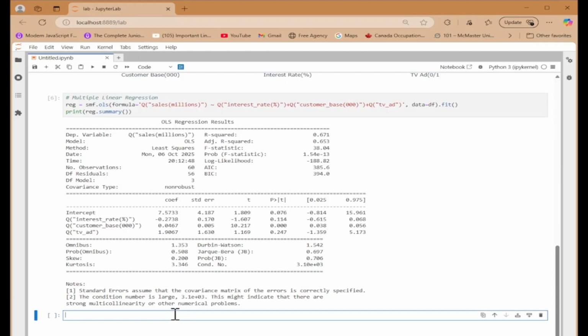Okay, so again, to see if the residuals are normally distributed, if there is normality or not, we have some diagnostic tools. Let me run those diagnostic tools.